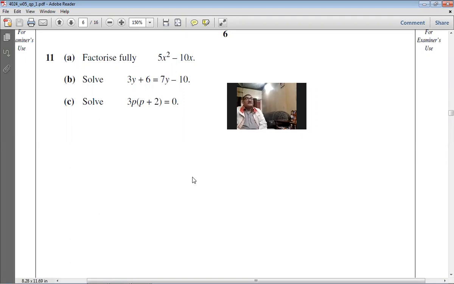Then the B part says solve 3y plus 6 equals 7y minus 10. And the C part is 3p bracket p plus 2 bracket close equals 0. So basically there are three questions in this exercise. Okay, so let's start.